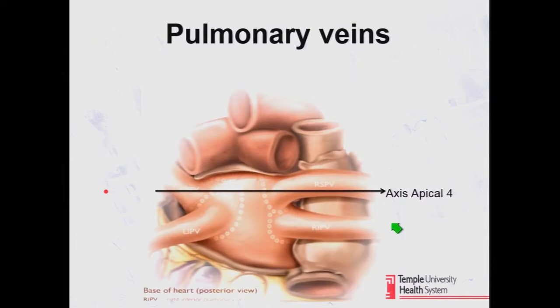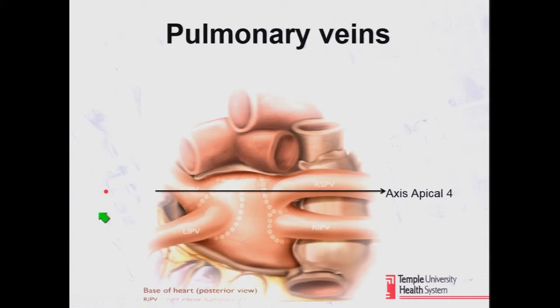Let's talk pulmonary veins. So this is from the back of the heart. This is the ascending aorta and arch. This is the SVC. This is the right pulmonary artery and the left pulmonary artery. And this is the left atrium with the left superior pulmonary vein and the right superior pulmonary vein.